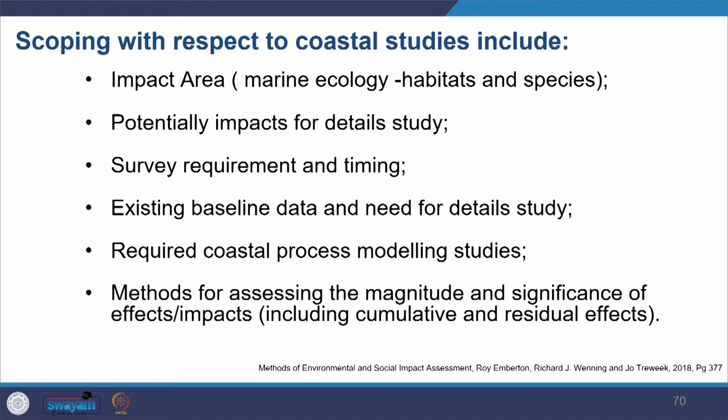What kind of habitat, what kind of species are there. And then you would look not only at the area but also at the impacts: what potentially significant impacts would happen, and what indications you're getting at the scoping stage, so that you might have to take up a later detailed study with respect to that.